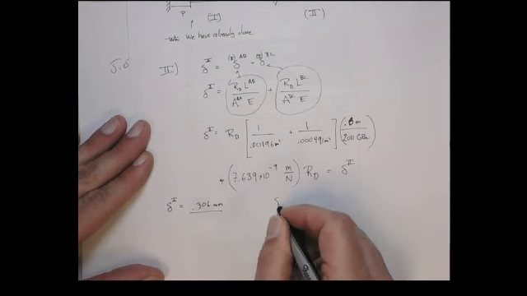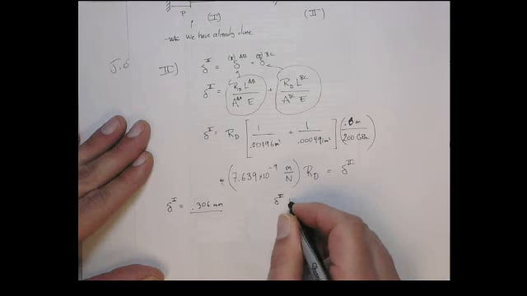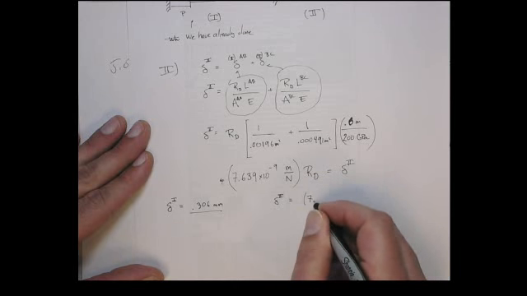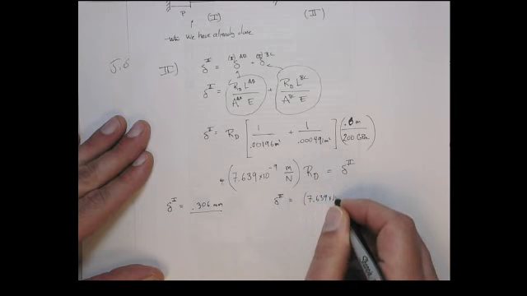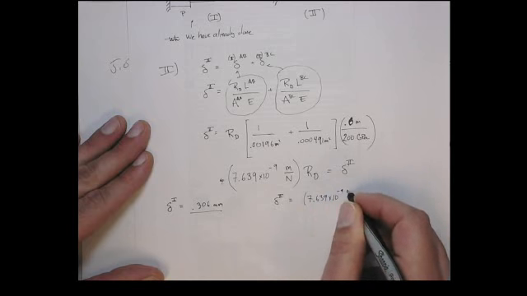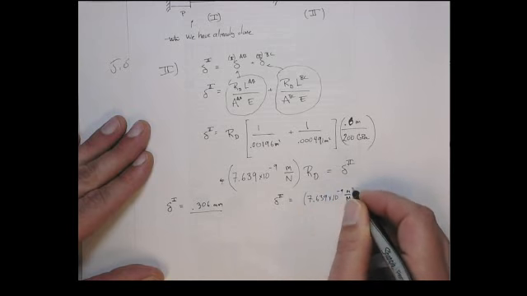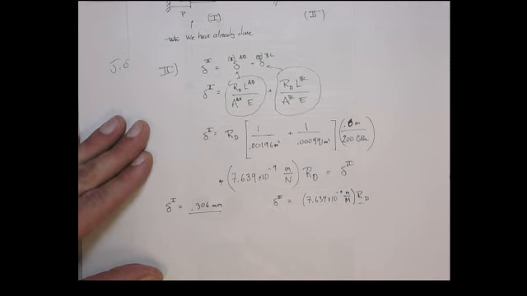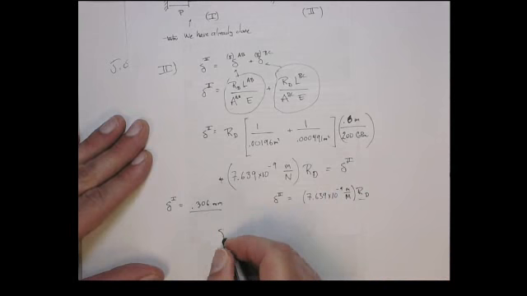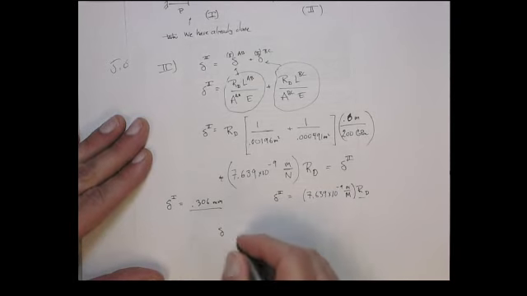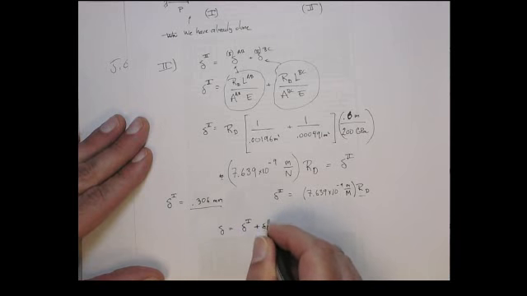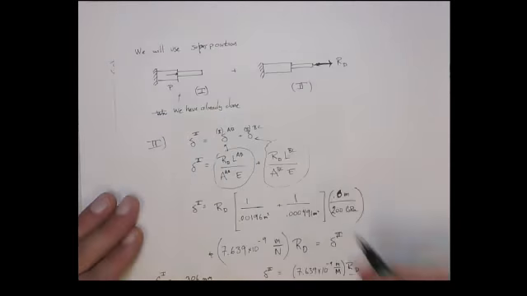And the displacement for the second case is going to be this 7.639 times 10 to the minus 9th meter per newton times this unknown reaction force. The actual displacement has to equal the sum of those two. All right? That's the superposition.